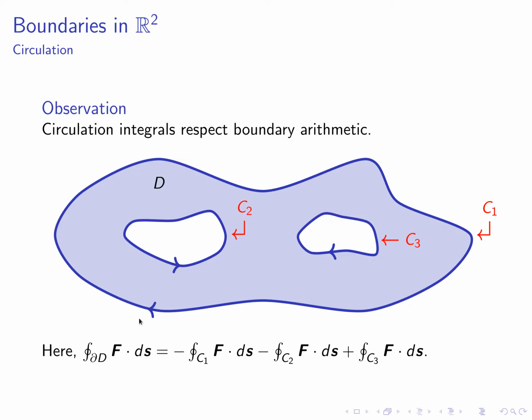What we find is that the circulation integral, which is the integral of the vector field dotted with d vector s around the boundary of this region, can actually break apart as three different integrals. So here we're taking the integral of f dotted with d vector s around the curve C1, but we're multiplying that integral by -1 because C1 had the negative orientation. Then we subtract the work integral of f dot d vector s along C2, and we subtract because C2 had the negative orientation.